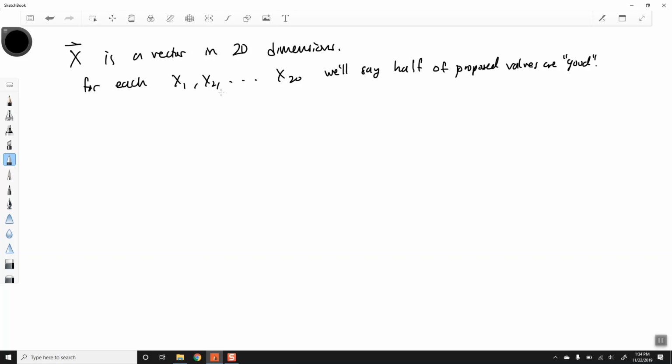And maybe for all of these things, you like half of the options, right? You like half of the hair color options, half of the face options, half of the eye color options, and so on.